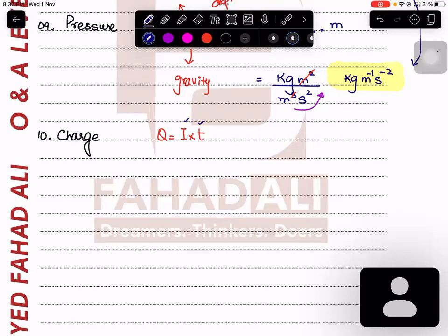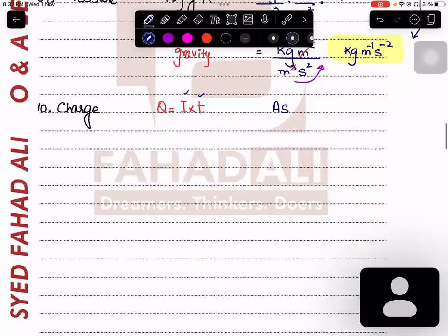So if you talk about the basic units, the standard unit of charge, you have studied as coulomb. But in terms of the 7 basic quantities, coulomb is equal to ampere second. Is this clear? Yes, sir. Aiza?